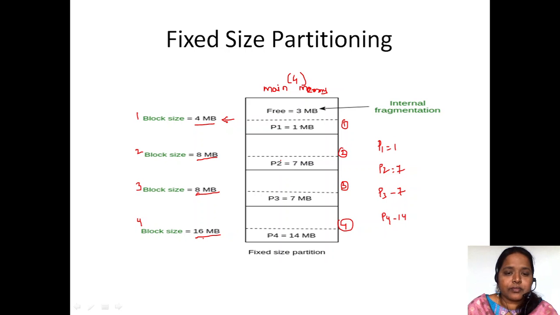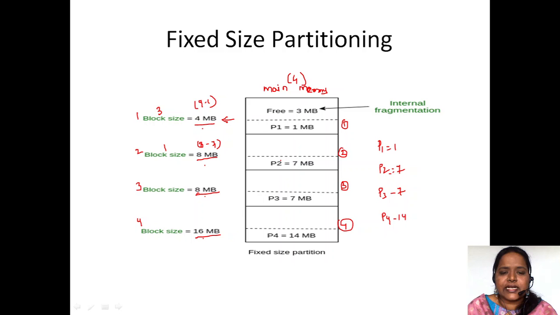P1 needs 1 MB, but the block size for P1 is 4 MB. That means 4 minus 1, 3 MB is left. P2 has an 8 MB block partition, but P2 needs only 7, so 8 minus 7, 1 MB is left over.